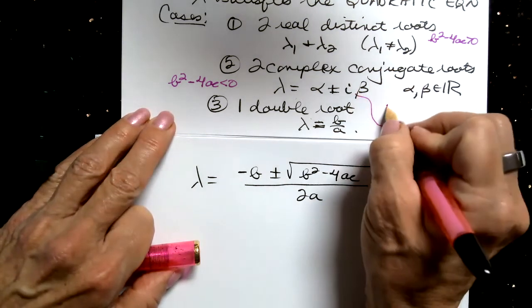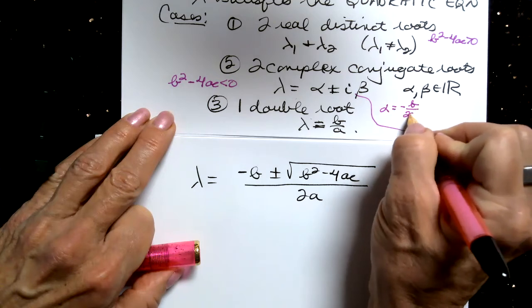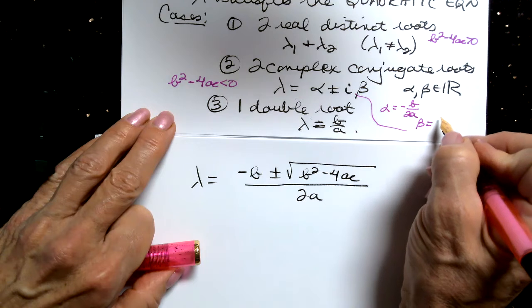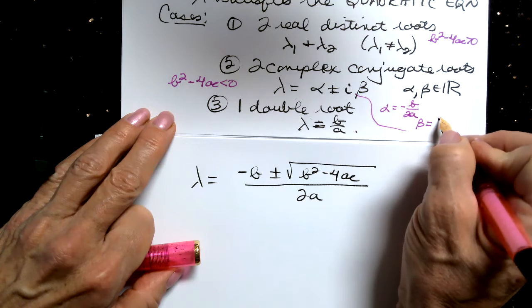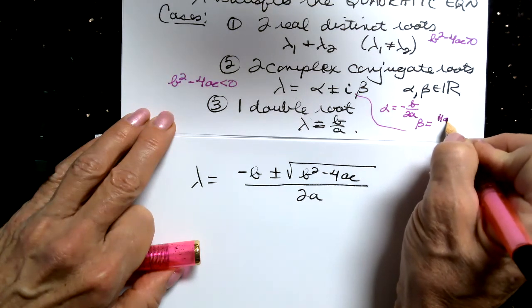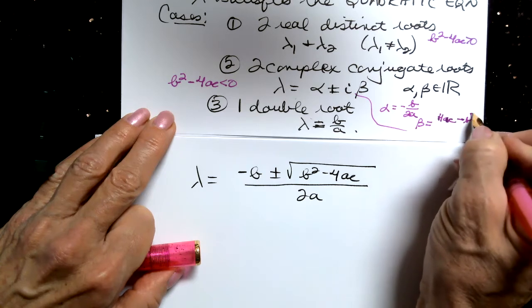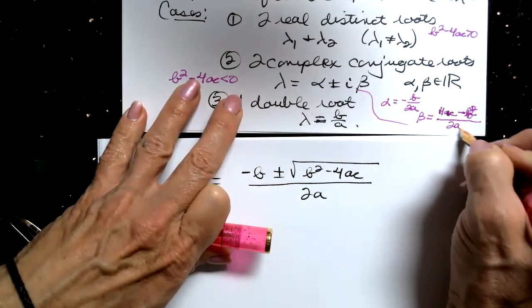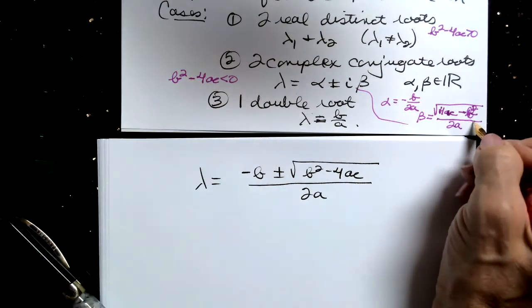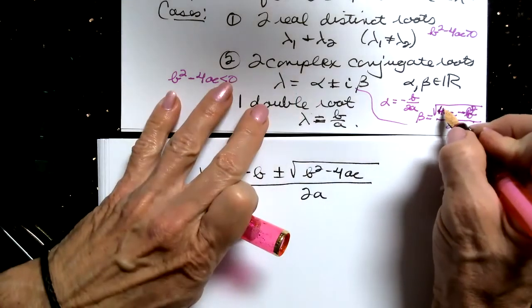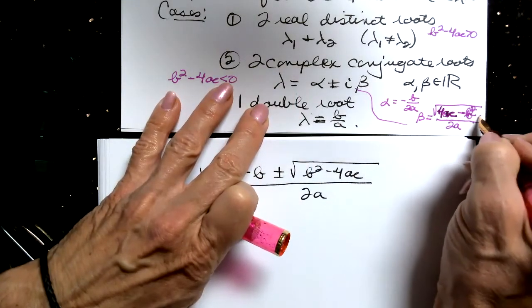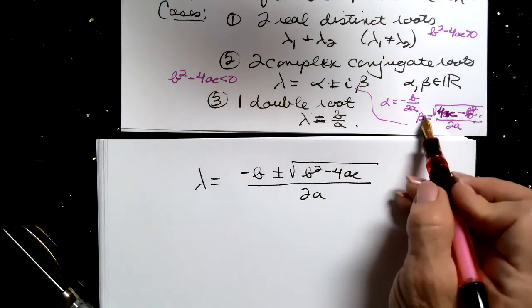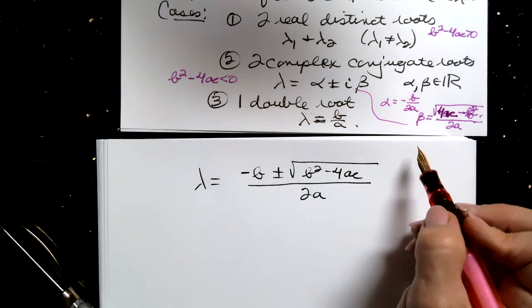So in this case, α is -b over 2a, and β is the square root of (4ac - b²) over 2a, because b² - 4ac is negative in this case, so to make it positive we flip it, and then the i takes care of the square root of -1.